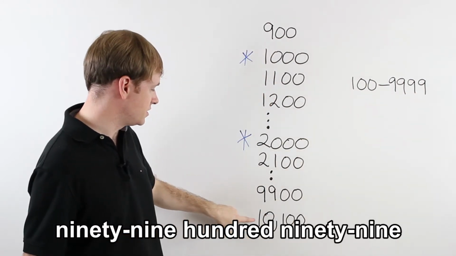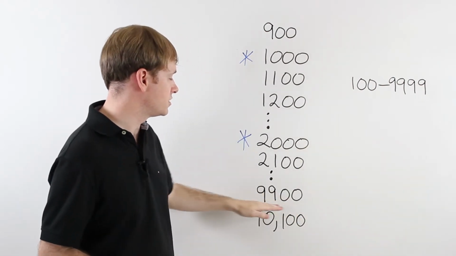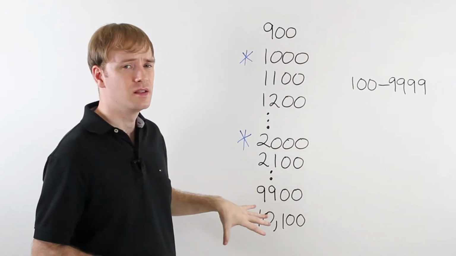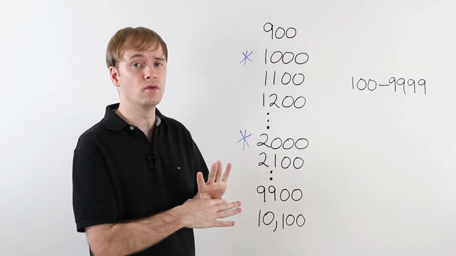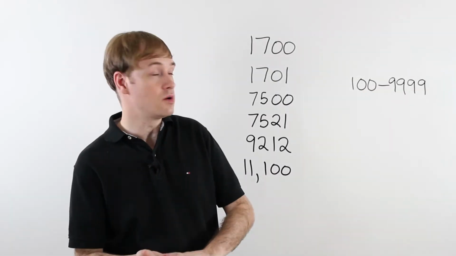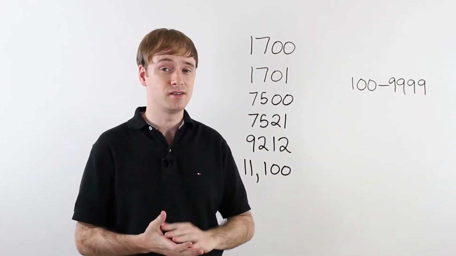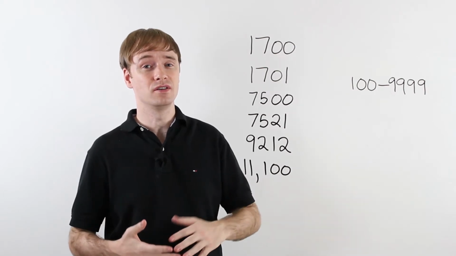So you can see this number is already past that number. So the hundreds stop. All right, this is a little bit confusing, I know. Let's do a little bit of practice.